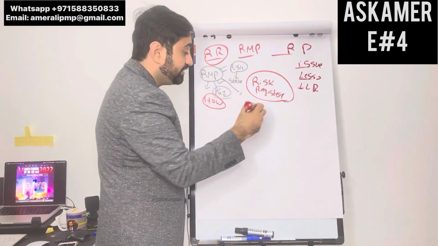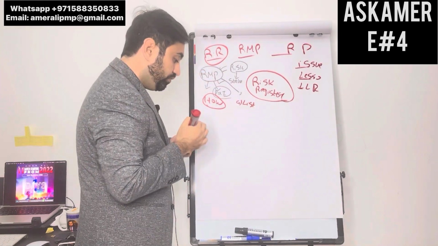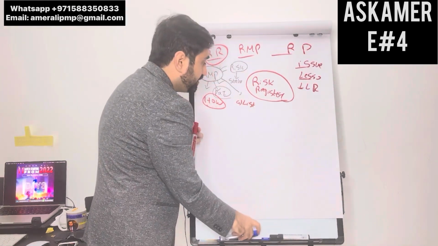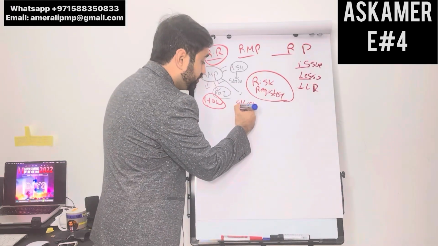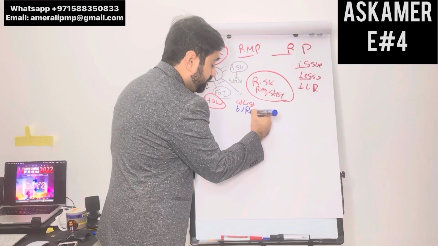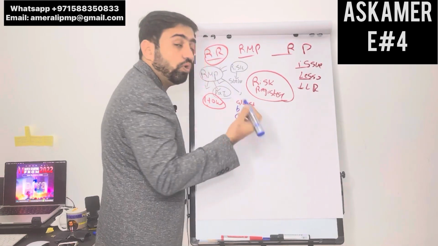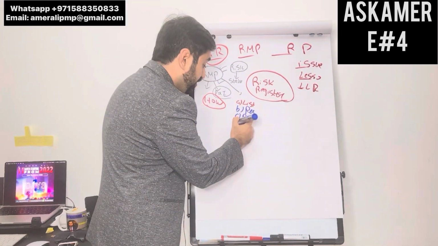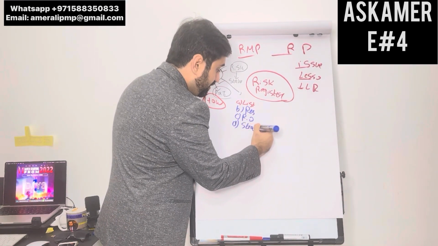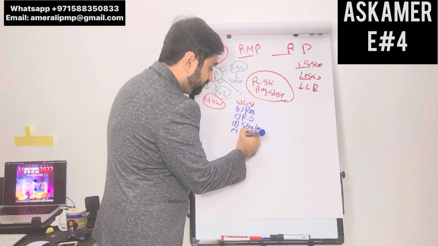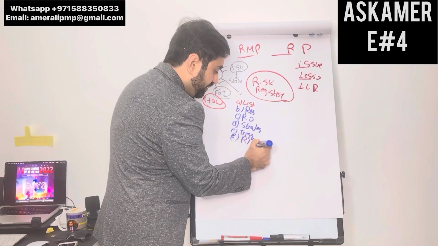The risk register has a list of all the risks. Once you put the list of all the risks, it has the potential response for those risks, risk owners who are gonna handle that part, then the strategies for handling that risk, triggers, residual and secondary risk.